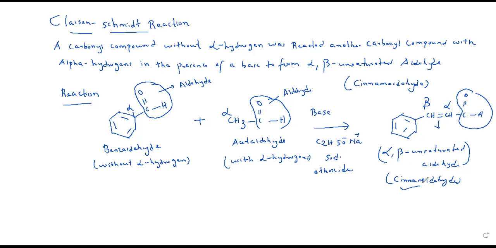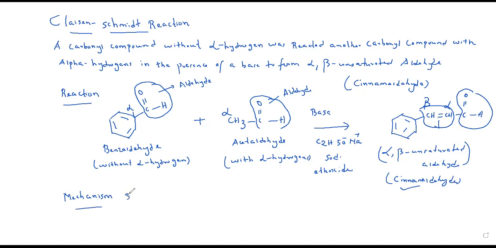Now what we need to understand is how you are going to get this unsaturation, how the CH double bond CH is formed here, and how these 2 aldehydes are reacted together in the presence of a base. This we can understand by taking the mechanism of the reaction.